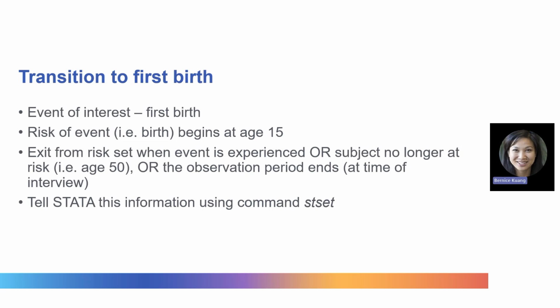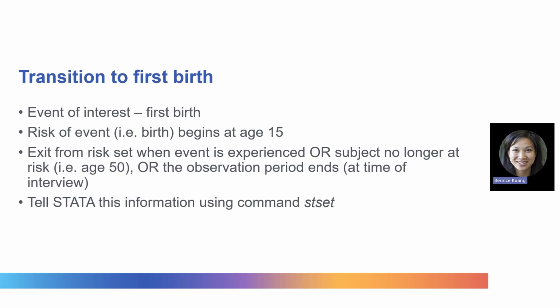But generally speaking, the first step of any event history analysis is, you need to figure out what your event of interest is. And in this case, it's the first birth, for our example. And then you need to decide when someone becomes at risk of experiencing that event. So the standard age that we tend to use for giving birth in demographic research is age 15 for women or females.